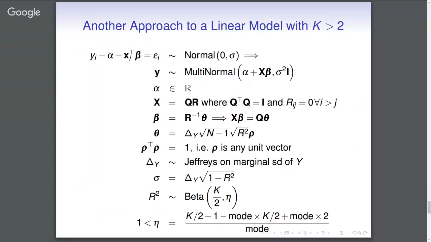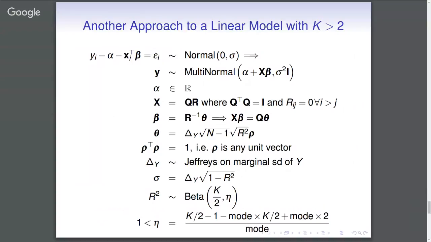That's the leftover variation after conditioning on x. And I'm going to put a beta prior on r squared with shape parameter k over 2, which I'm not going to explain why that makes sense, and second shape parameter eta. So all you have to do, which you just did, was supply a prior mode for the r squared. I can solve for eta using the formula on Wikipedia.